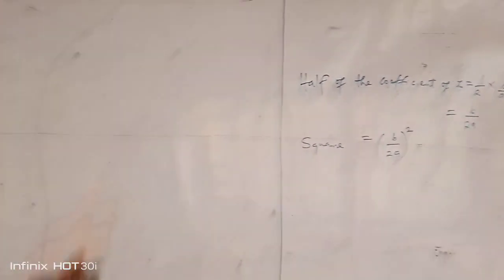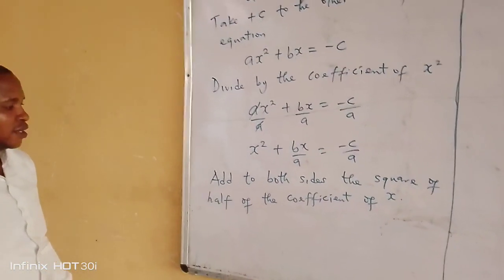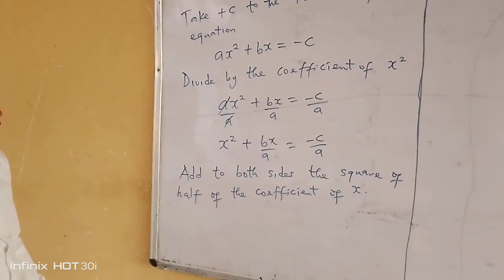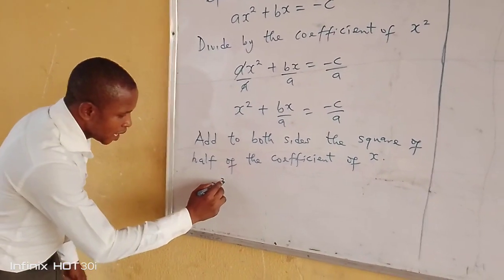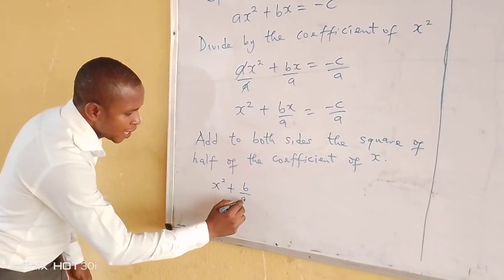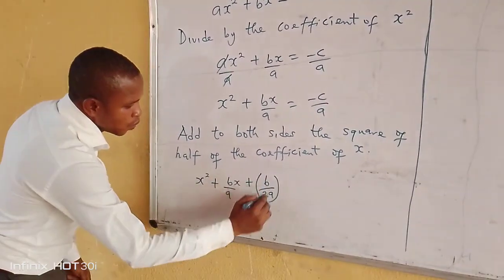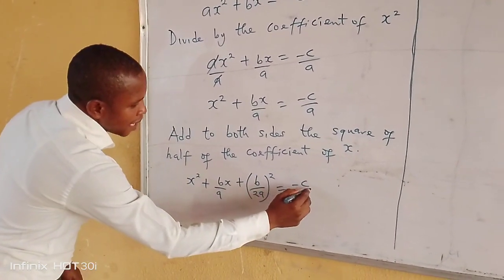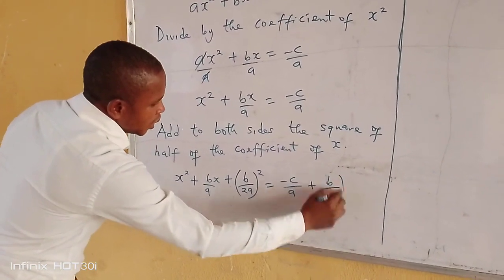So I just want you to understand what I explained there. So add to both sides the square of half of the coefficient of x. So we are going to have x squared plus b over a x plus (b over 2a) squared is equal to minus c over a plus (b over 2a) squared.